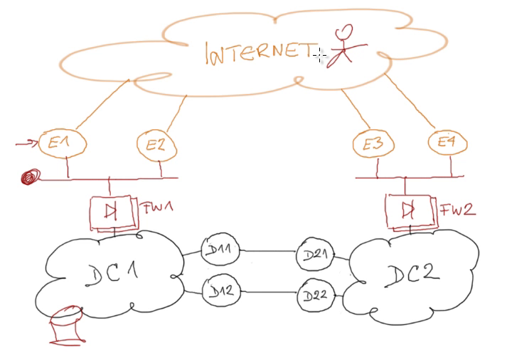So the traffic from the user would arrive through one of the proper uplinks, and then it would usually have to go through some sort of a stateful device, be it a firewall or load balancer or just a device doing network address translation. It doesn't matter what that device is. What matters is that device is stateful.